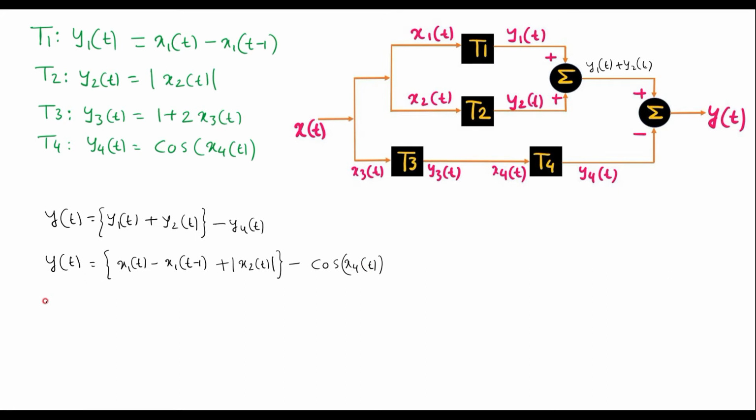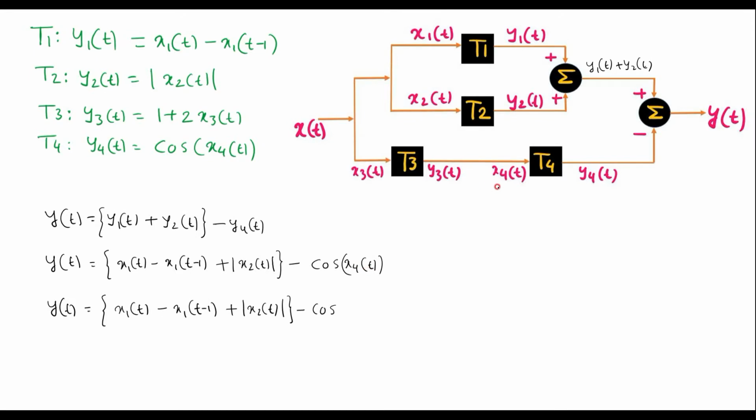Now further we can simplify this as y of t is equal to x1 of t minus x1 of t minus 1 plus magnitude of x2 of t minus cos, here x4 of t.